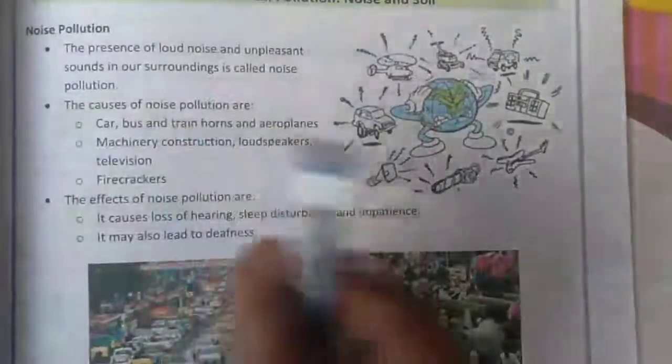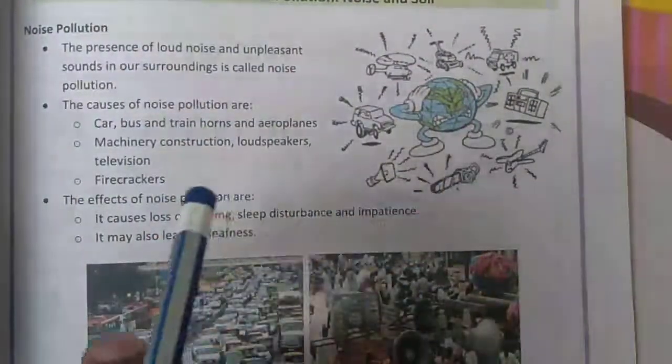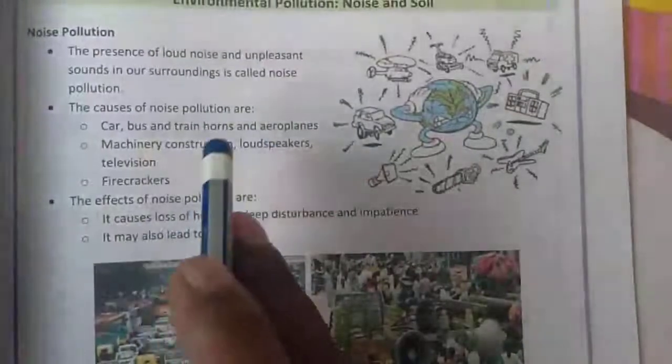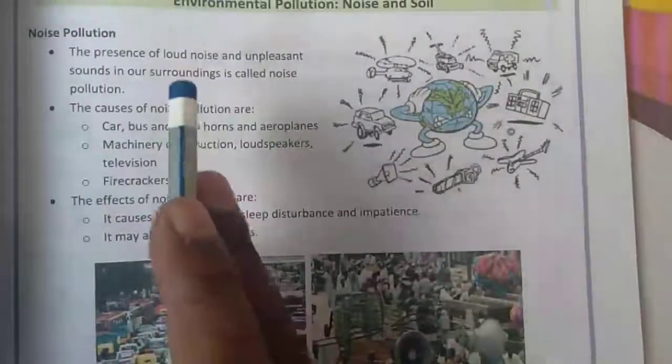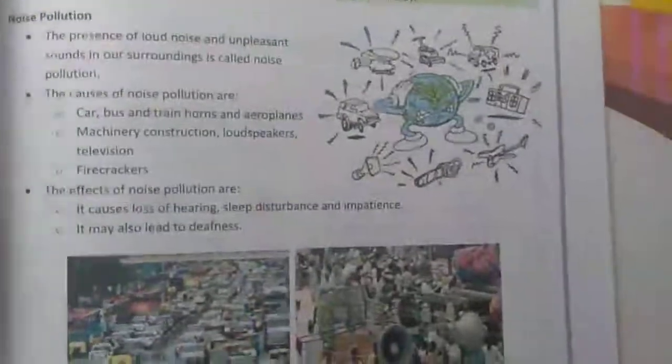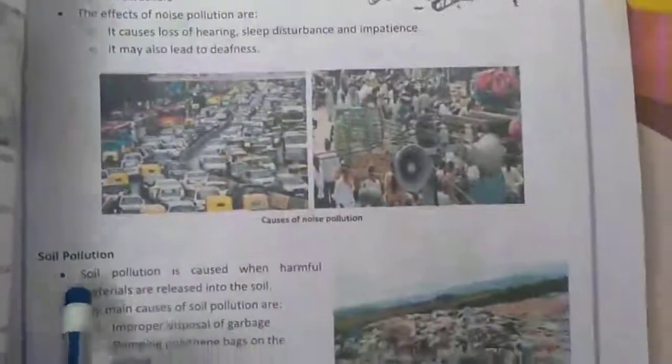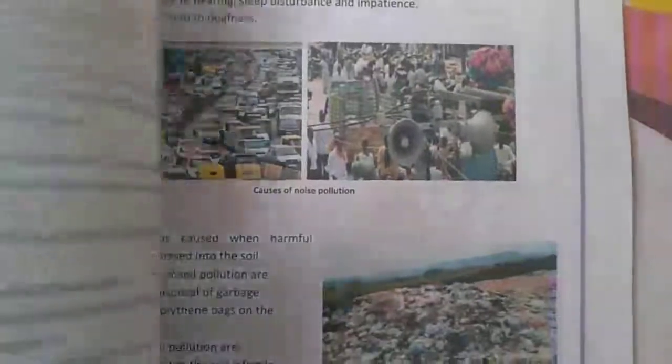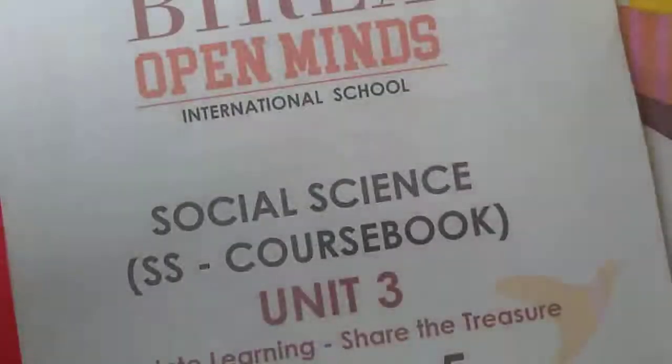Noise pollution is caused because of unpleasant sounds that are released in the environment. After that, we took information about soil pollution. Soil pollution is there because of dumping of waste material in the wrong way, and due to that soil becomes infertile and poisonous elements are mixed into soil, and this is how soil pollution is caused.